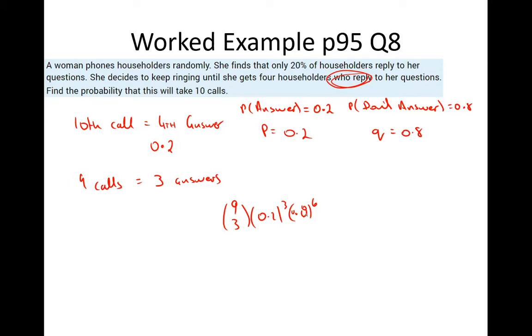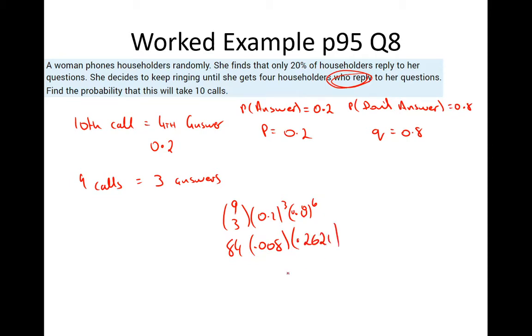Okay, so 9C3 is 84, multiplied by 0.2 raised to the power of 3 is, in decimal form please, 0.008, and 0.8 raised to the power of 6 is equal to 0.2621.